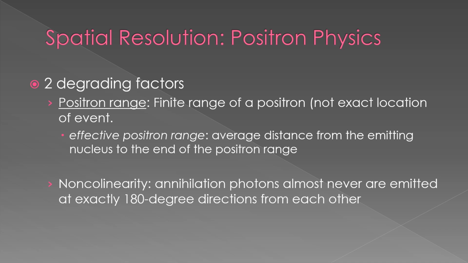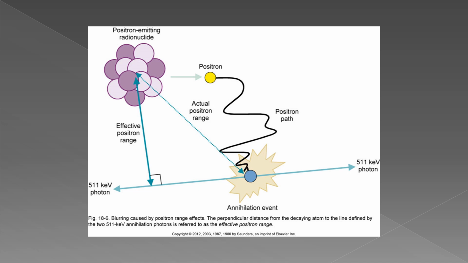And so what that means is when that time of flight traces that location back to where it thinks the positron annihilated, it's not going to be exactly in the right spot, especially if it gets photons that are slightly off or a little bit off from 180 degrees from each other. Then that's going to make it not as accurate to the location of where it occurred.